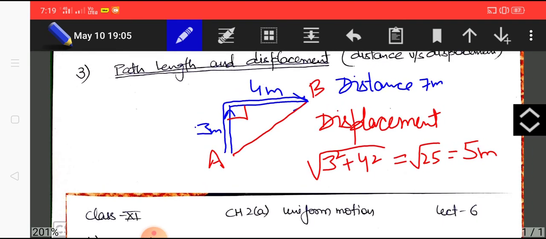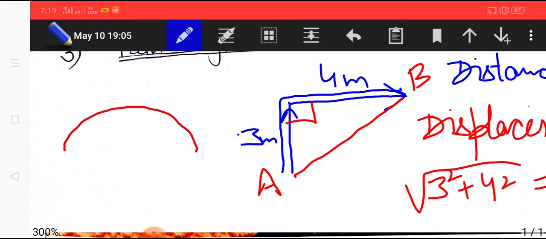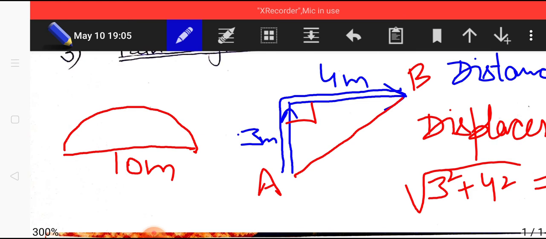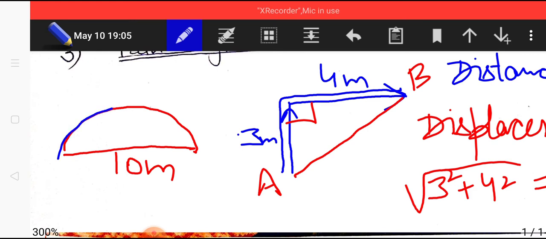I can give you one more example here. Consider an object which starts moving from A and moves up to the point B on a semicircle, and suppose the diameter of the circle is 10 meter. Then this is going to be the displacement, and the path length is going to be this semicircular arc, which is equal to pi r.